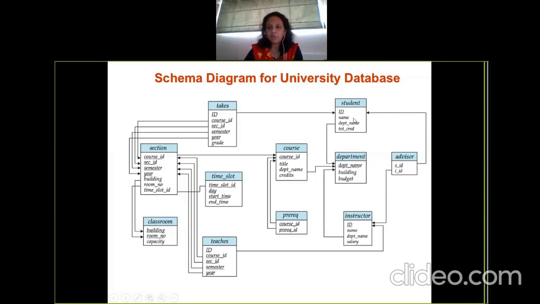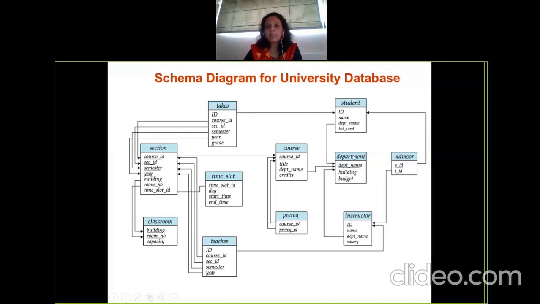For example, student: third year, second year, final year, first year student, their name, department name, total credits, etc. For courses, you can consider the database engineering course. ID should be 503, title database engineering, department name computer science. What are the credits? 4 credits for this course, or 3 credits. Then instructor, for example: ID, my name, department name computer science, my salary.